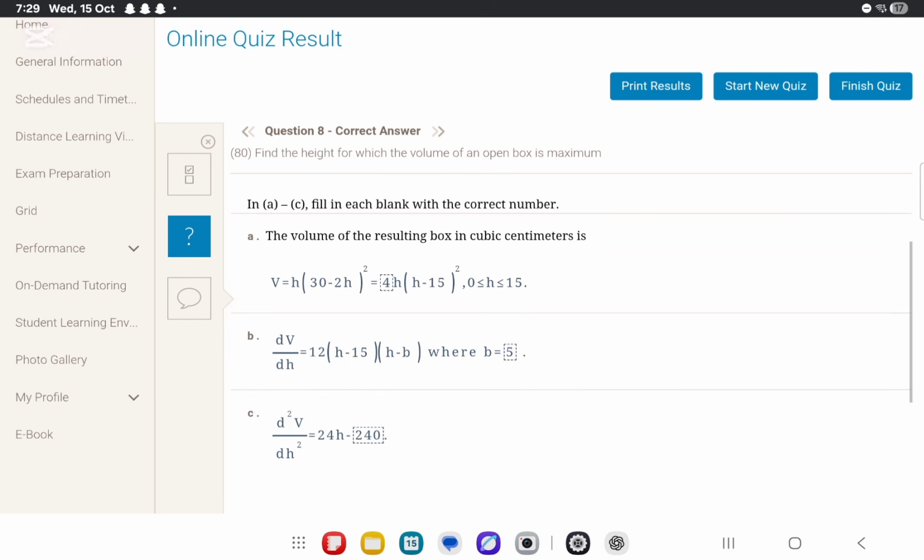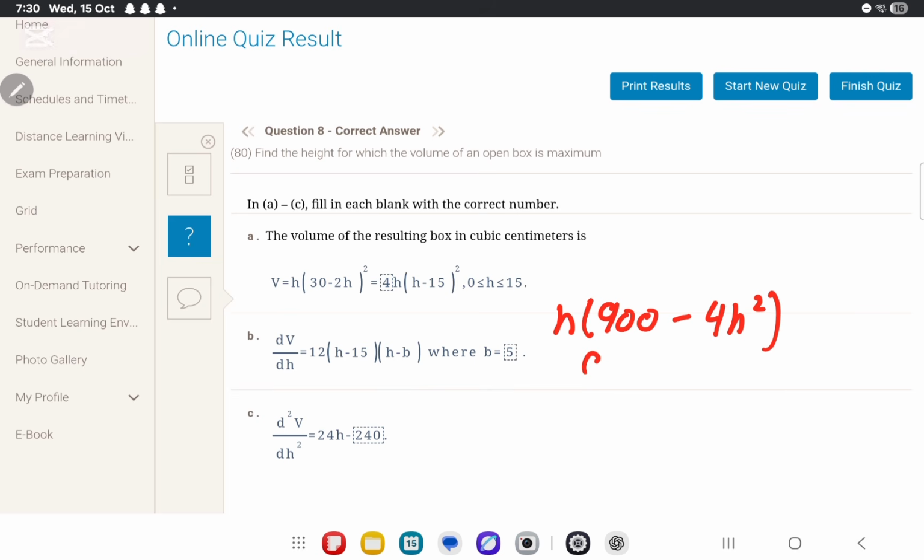Now you find dv by dh, and it's how we found all the other derivatives. In my opinion, it's easier if you just find the whole function from here. So what is 30 squared? h into 30 squared is 900, minus 4h squared.